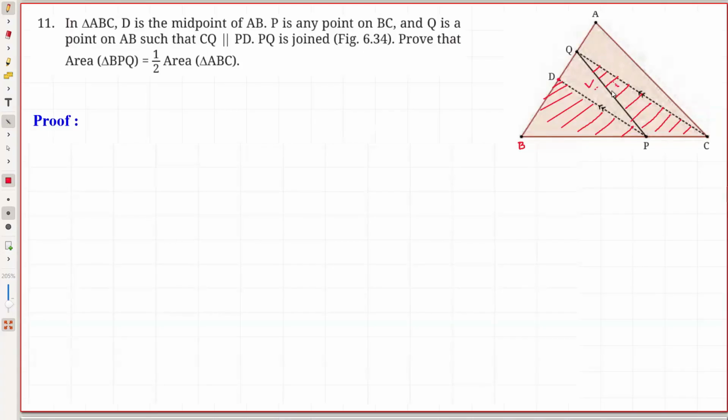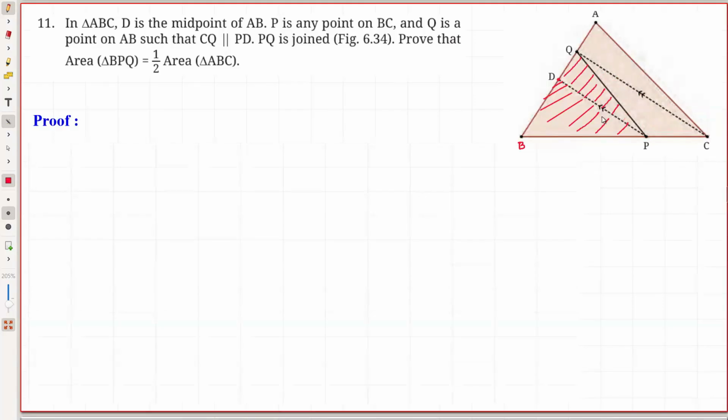After this, we will say the area of this triangle plus the area of this triangle, both will be equal, and if you add them, this will be half of the triangle ABC. We will be proving it.